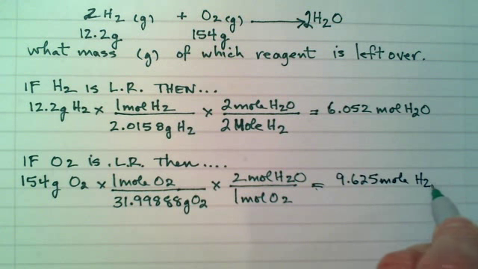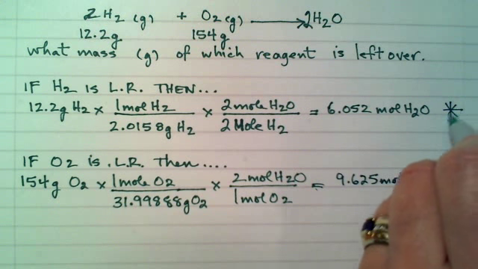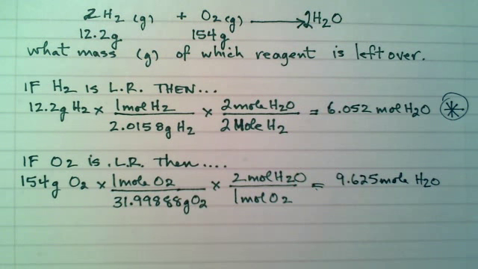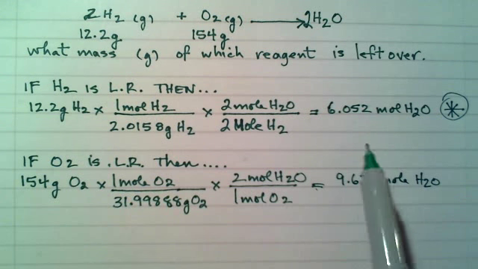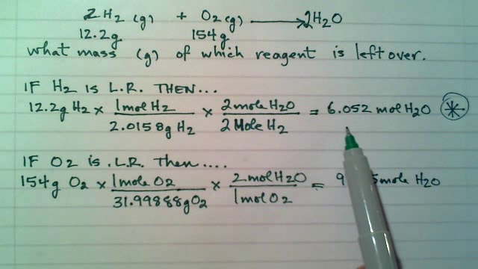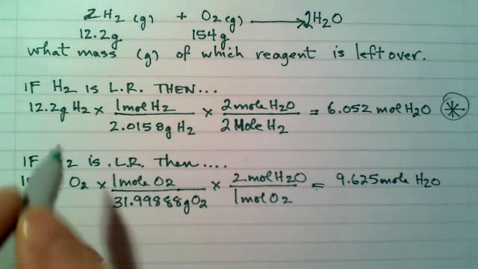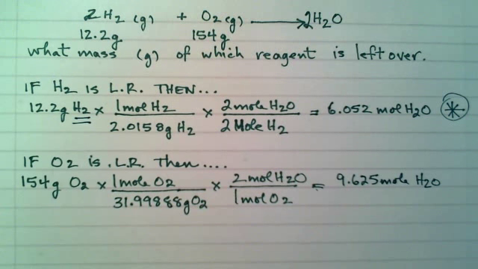I pick the smaller number of moles of product produced. This is smaller, therefore it must be H2 as the limiting reagent. Okay, so that means H2 will go to 0 and O2 will be left over. Question is how much?